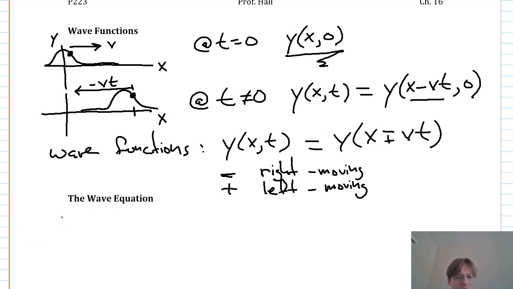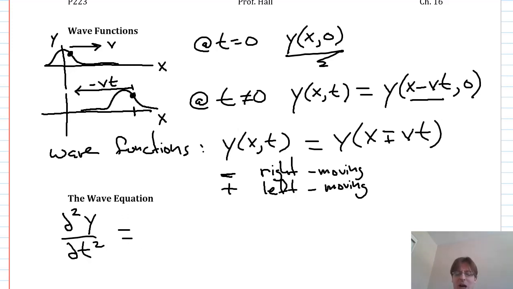The wave equation says that if I take the second derivative of the function with respect to time. Now, notice it depends on two variables, x and t. So when I say take the derivative with respect to time, it means I'm taking a partial derivative. So the second derivative of y with respect to time, and those are partial derivatives.